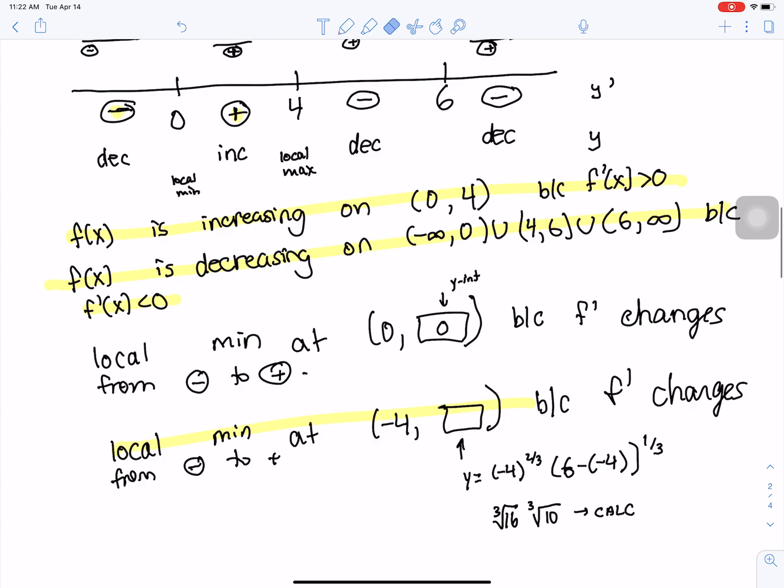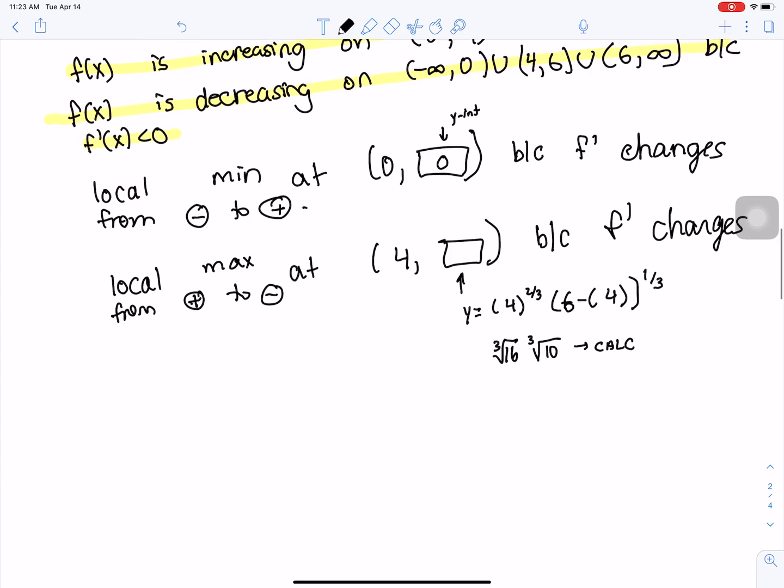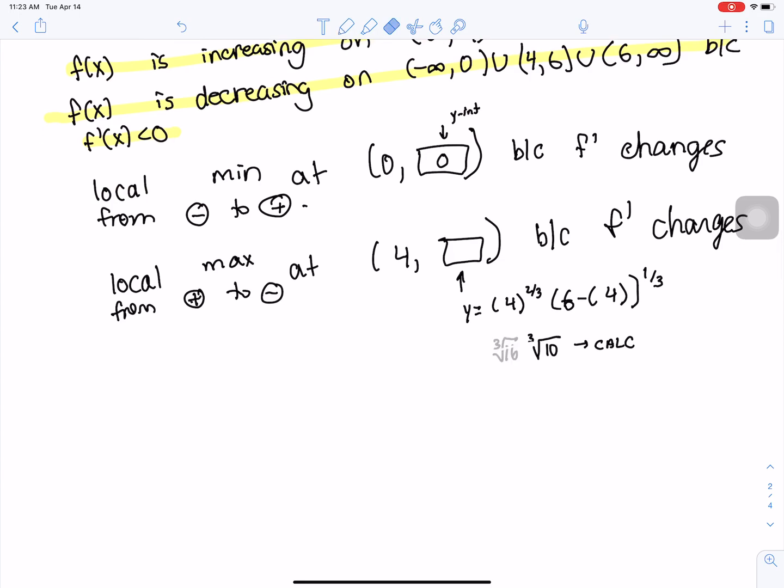And now at the other one at 4, there has to be a local max at 4 because it goes from positive to negative. When x is equal to 4, let's put a positive 4 in those. I had a feeling something was wrong, but now I figured it out.